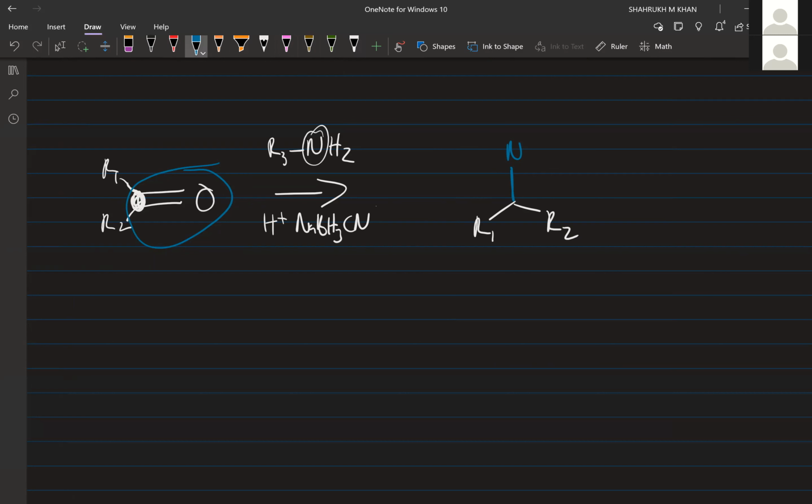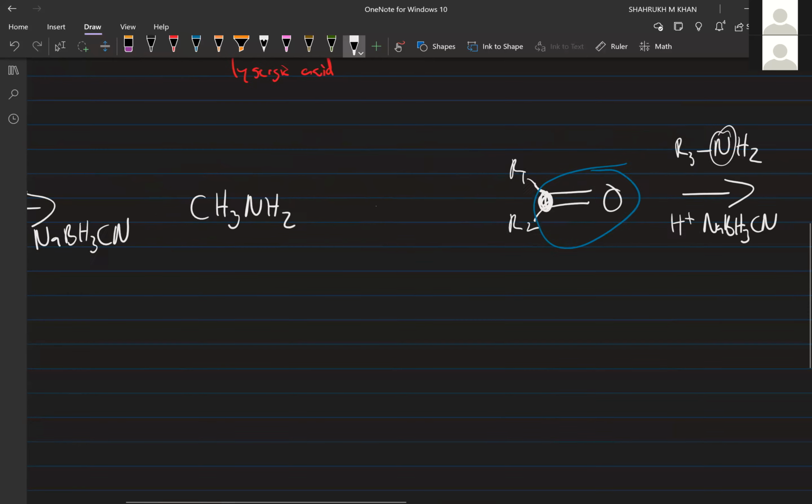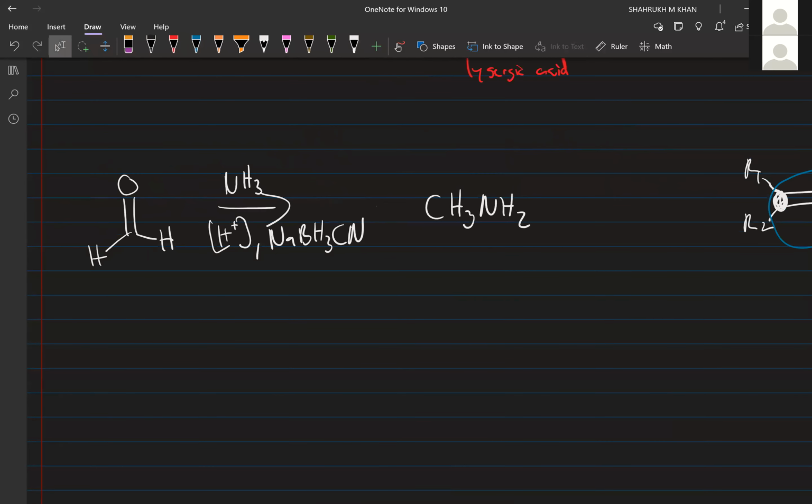So then it'll just be R3. R's could be H's. What else can R be? Any alkyl groups, probably phenyl groups, stuff like that. Any ketone it works with, or aldehyde, any of those.